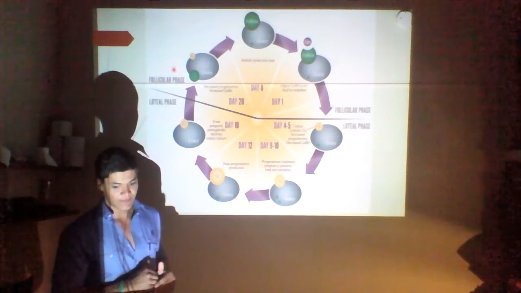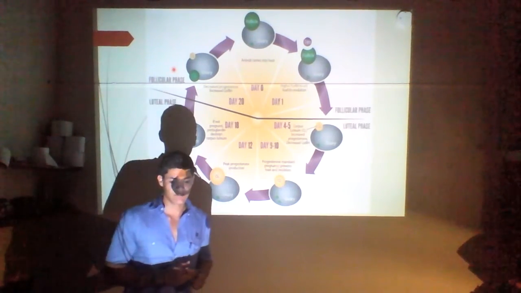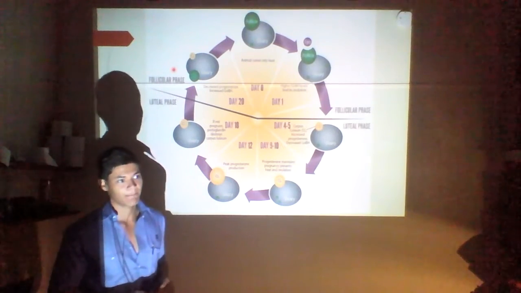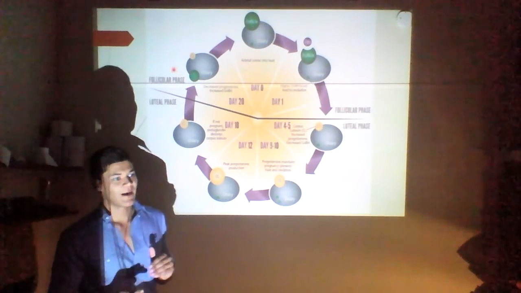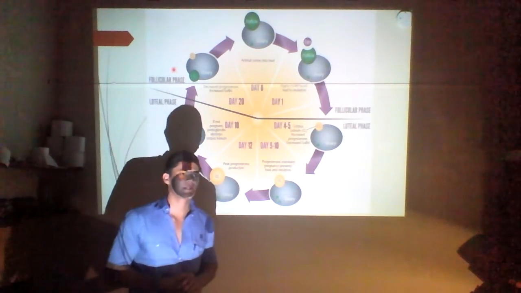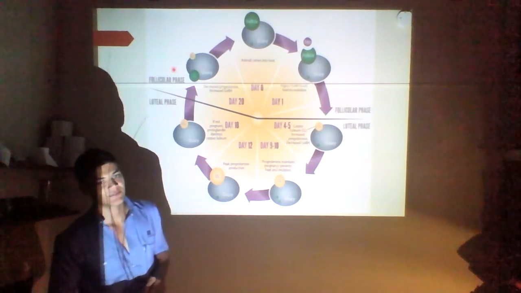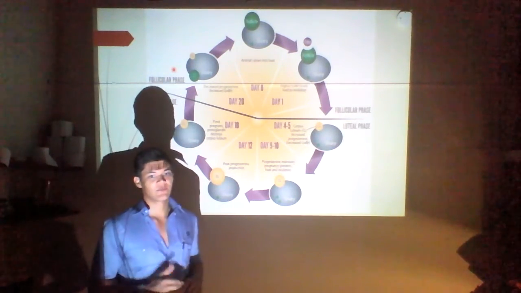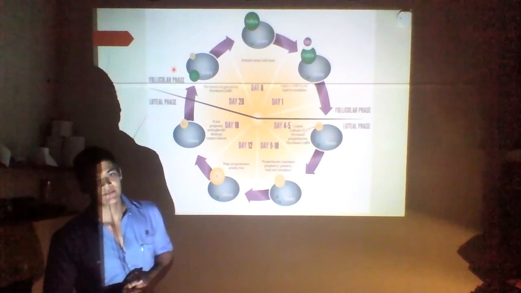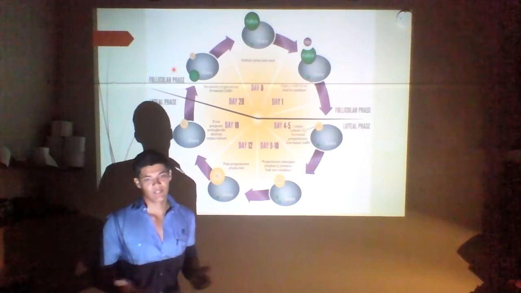And before ovulation, the animal has to pass through the other phase called the estrus, that starts when the animal is receptive to the bull, and it ends with the ovulation.